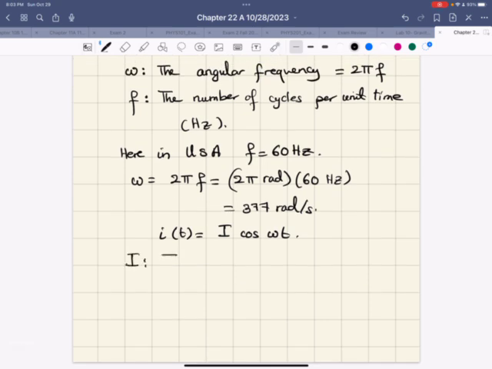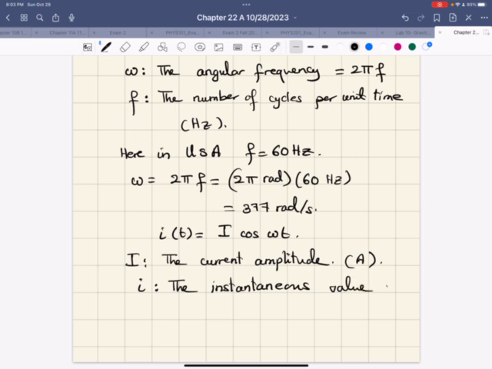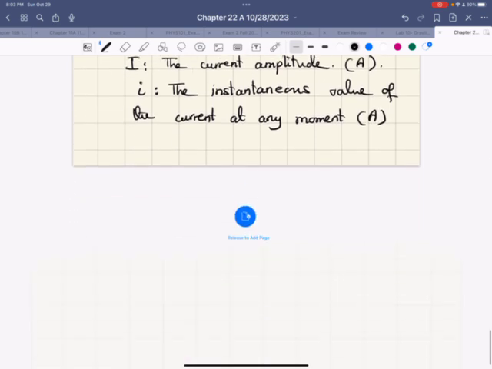And I0 here we call the current amplitude. It is in amperes. And i, the same way, is the instantaneous value of the current at any moment, and also it is in amperes.